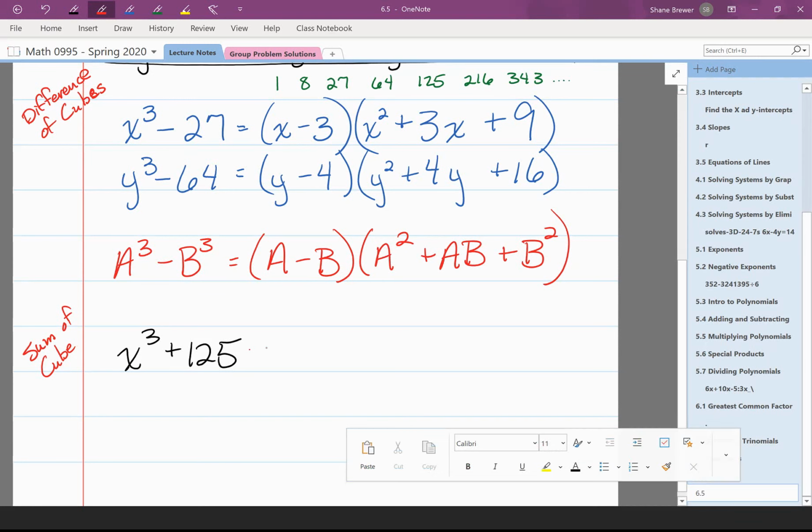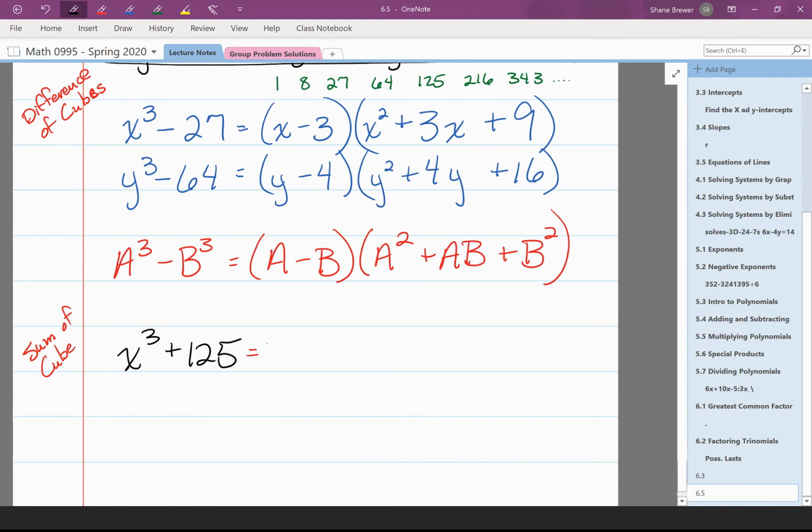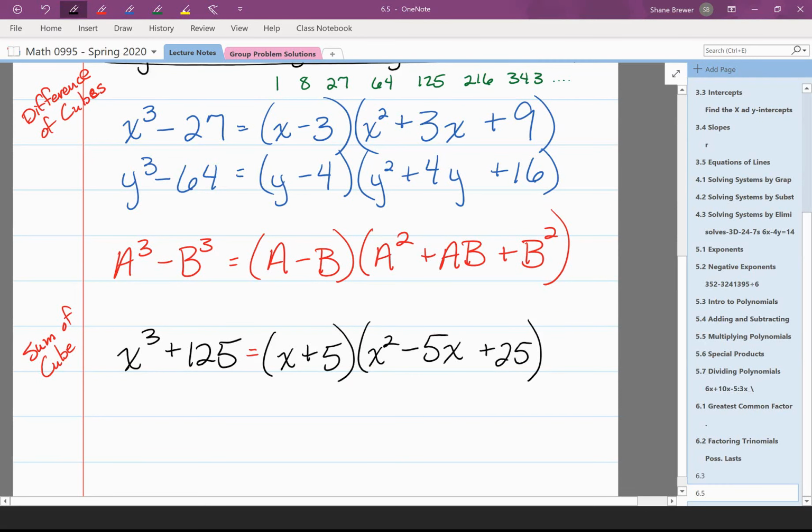So how does this factor? Well, it's going to look real similar to what we just did. Here's what it's going to be. X plus 5. Okay, previously when we were doing difference of cubes, it was x minus 4. Now it's going to be x plus 5. As far as the components go, it's the same as the difference of cubes.